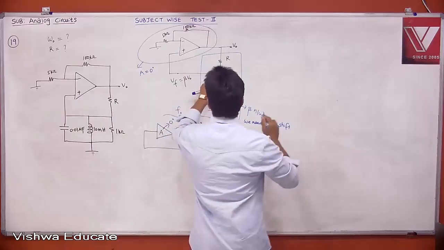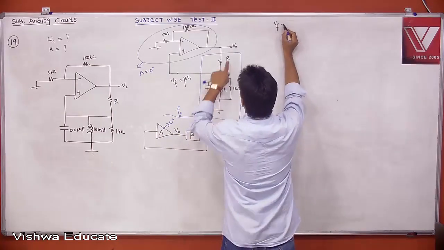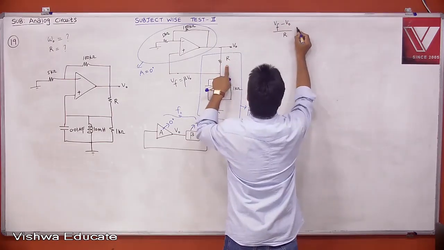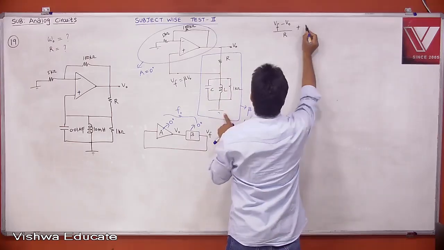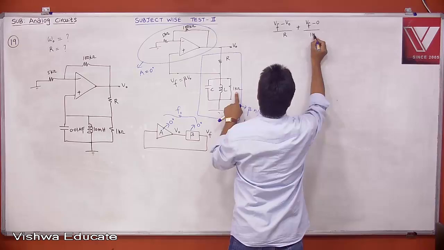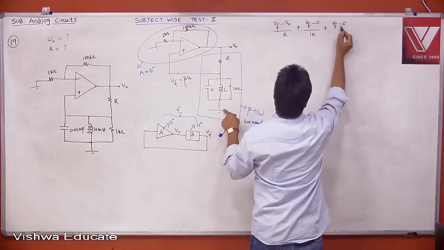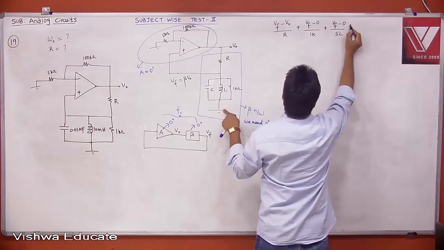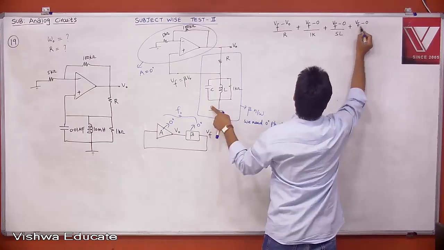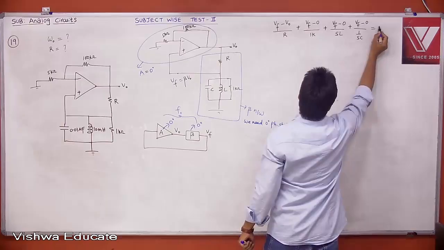Therefore, tell me, when I say this is Vf, right? (Vf minus V naught) divided by R plus (Vf minus 0) divided by 1K plus (Vf minus 0) divided by SL plus (Vf minus 0) divided by 1 by SC is equal to 0.